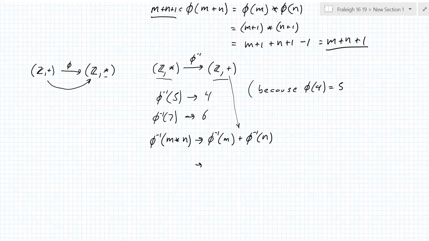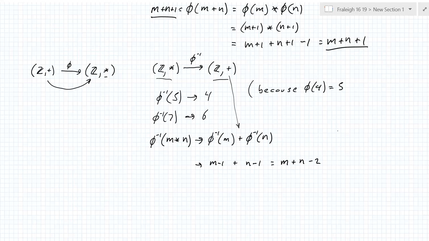We know what phi inverse does to m. It subtracts 1. So this is m minus 1 plus n minus 1, which is, of course, m plus n minus 2, so that phi inverse of m star n has to be m plus n minus 2.